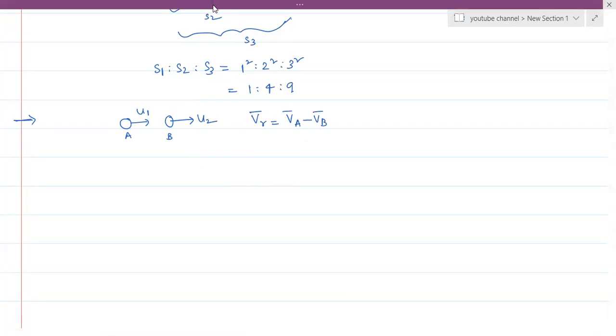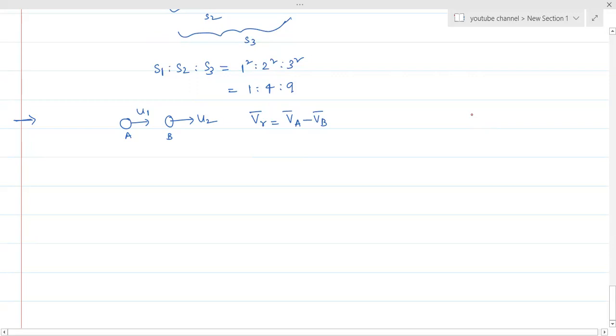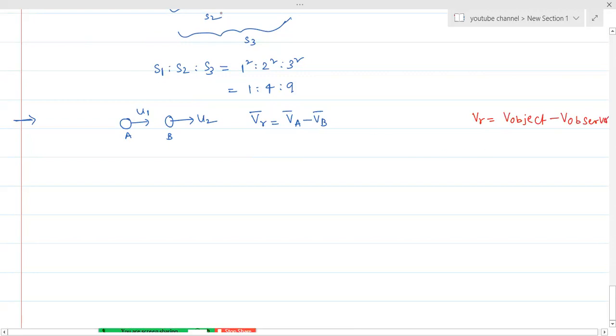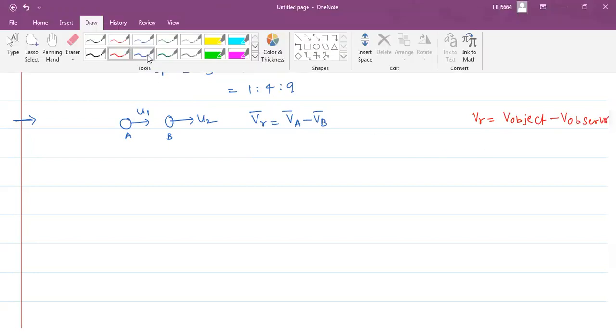So generally the relative velocity can be understood as velocity of object minus velocity of observer.